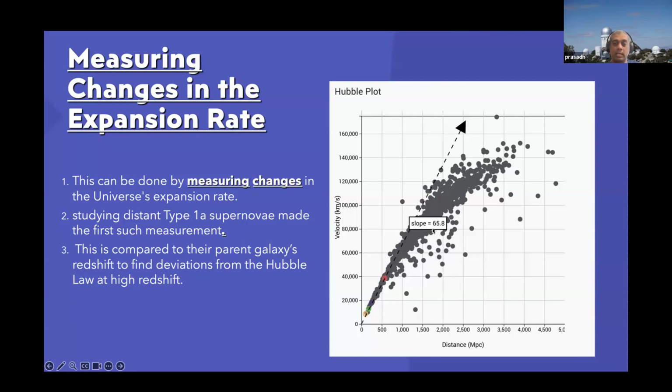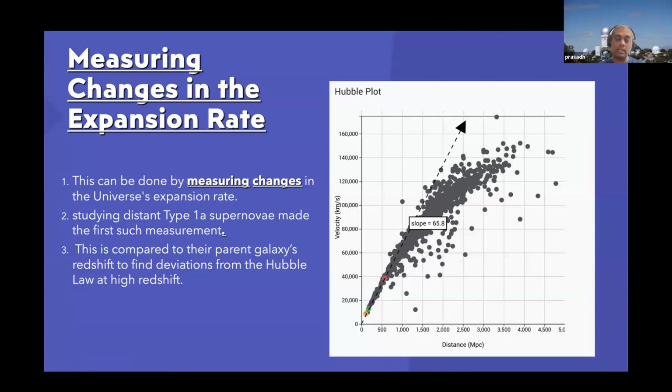So what that actually means is, when you go back to larger distances, the recessional velocity kind of slowed down, right?